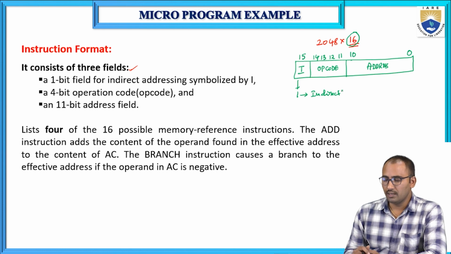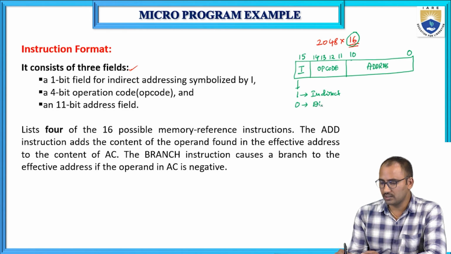If the instruction is having indirect address, then we need to go to the memory in order to calculate the effective address of the operand. If I is equal to 0, then we can get the address of the operand directly. So if I is equal to 0, that represents direct addressing.